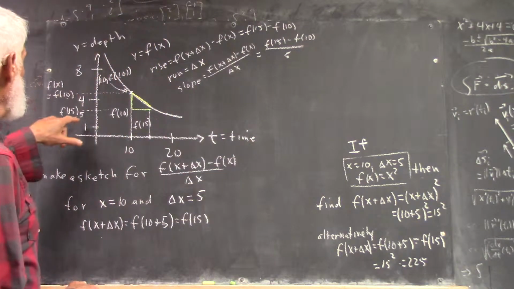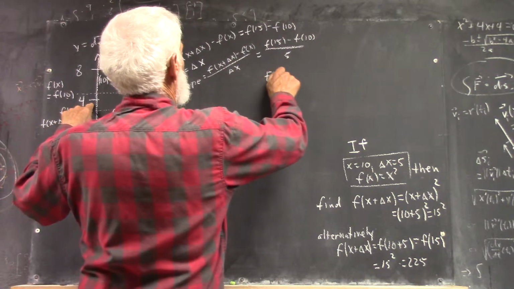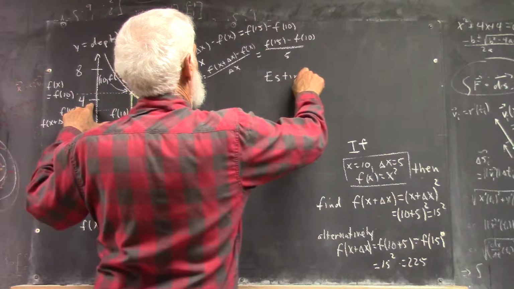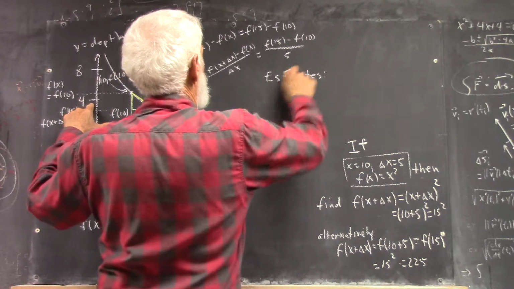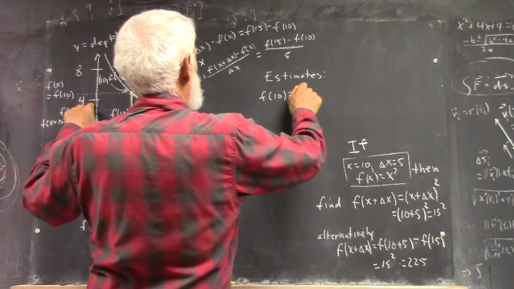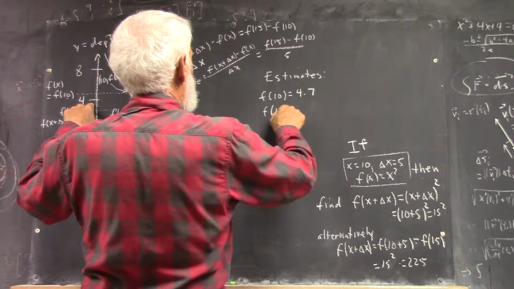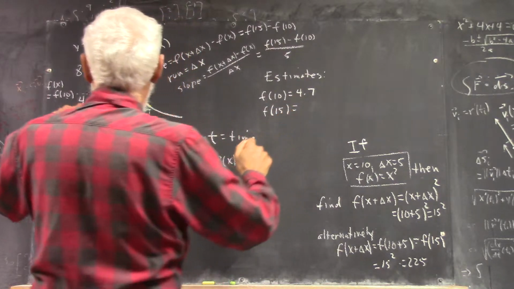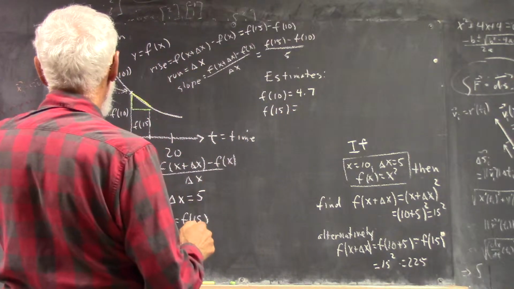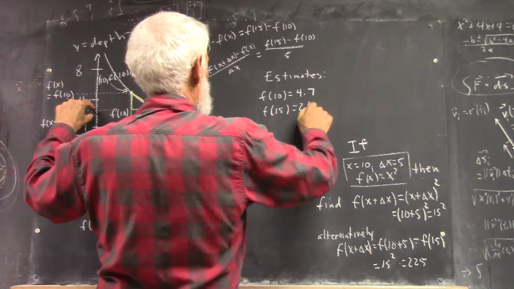So my estimates are, well, there's 2, there's 3, I'll say 2.6.